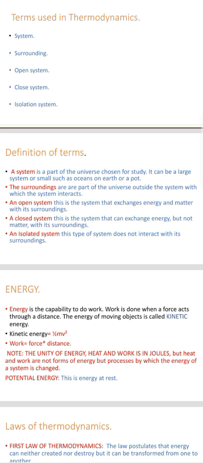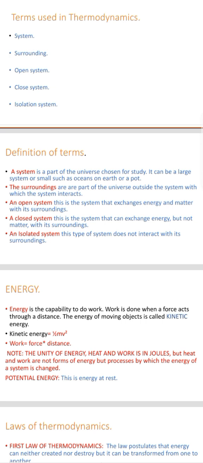Then another term is an open system. An open system is a system that exchanges energy and matter with its surroundings. A typical example is when you want to boil a pot of water, let's say you want to take a bath, and you did not cover the pot. You apply the heat and your water starts boiling.